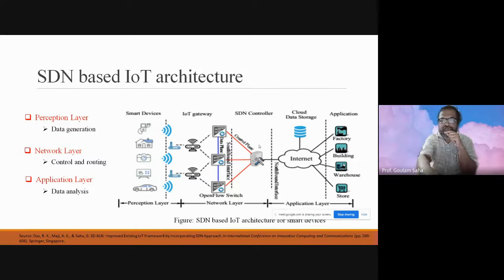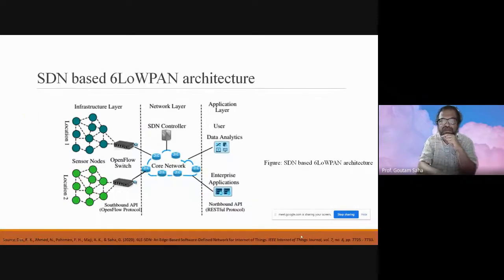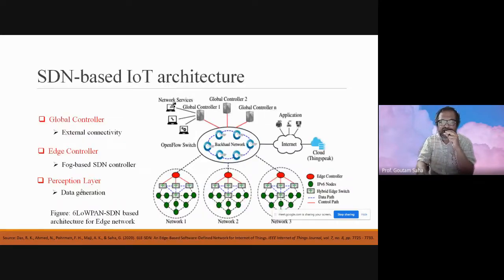Here it has to go to the cloud, and also in 6LoWPAN from this infrastructure to the cloud, and again come from the cloud to the actuators, or maybe to the user. But bandwidth is also precious.